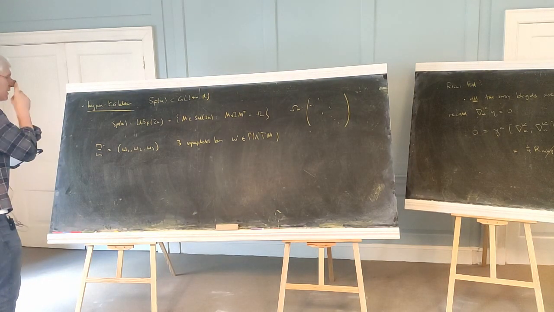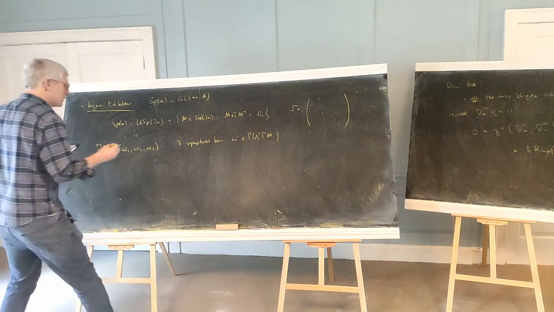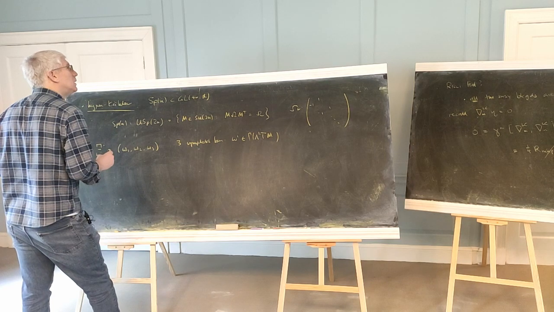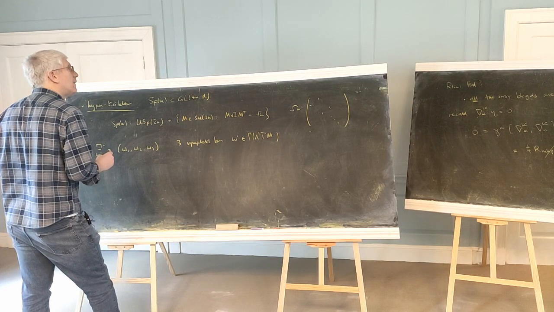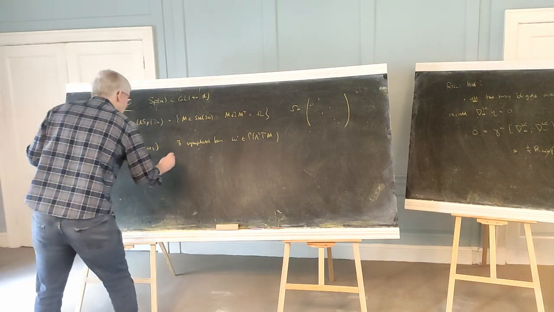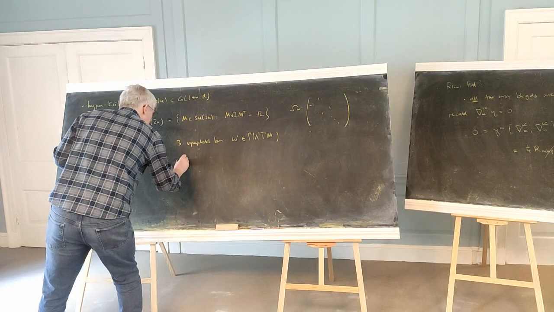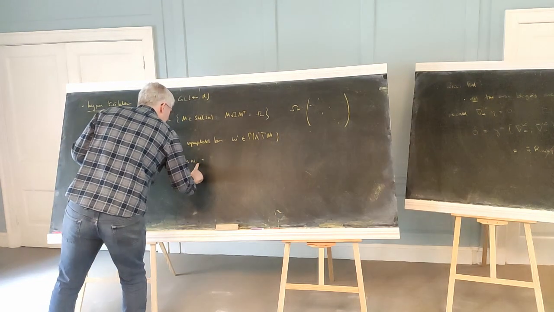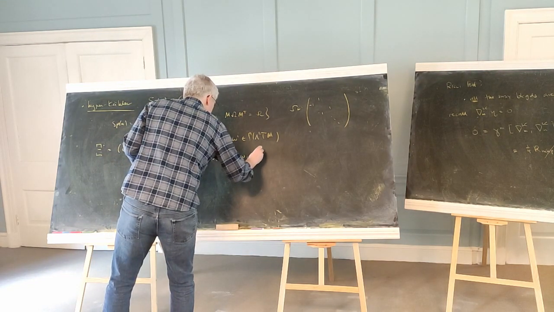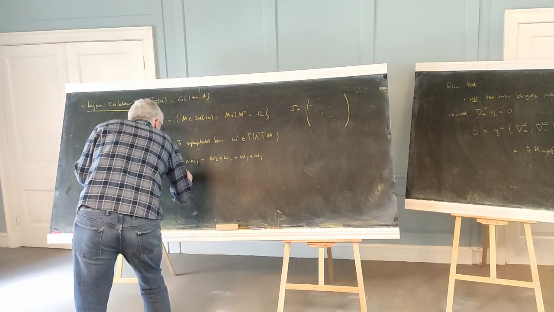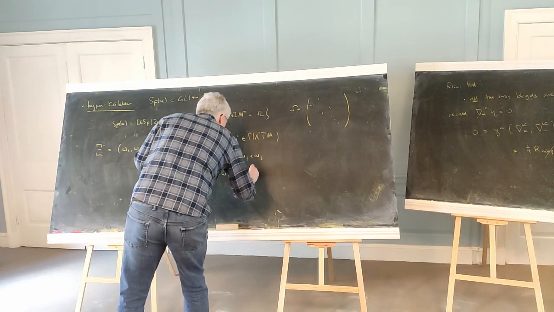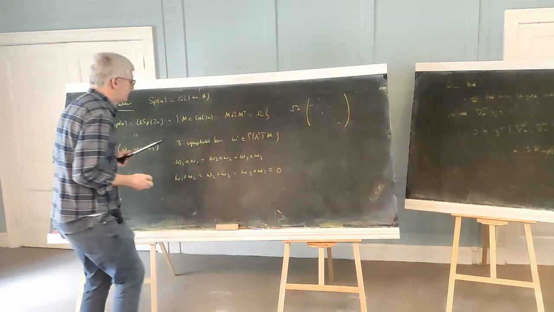Now again, they have a condition between them. They satisfy omega 1 wedge omega 1 is equal to omega 2 wedge omega 2 is equal to omega 3 wedge omega 3. And omega 1 wedge omega 2 is equal to omega 2 wedge omega 3 is equal to omega 3 wedge omega 1 is equal to 0.